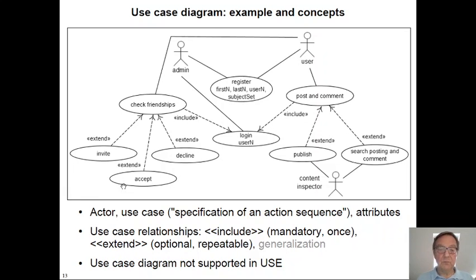There's another relationship between use cases, and that's the extend relationship, the extend stereotype. We see here when we consider the check friendships use case, that it can be an invite use case, it can be the accept use case, or it can be a decline use case.